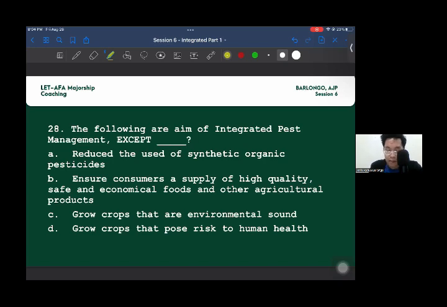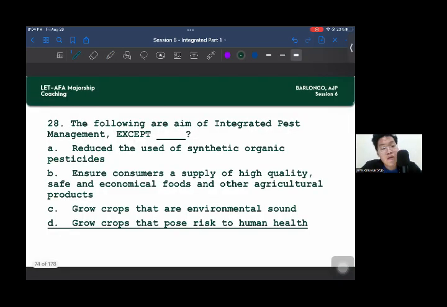Synthetic pesticides ang dapat yun. Next is ensure consumers a supply of high quality, safe, and economical foods and other agricultural products. So that is also an aim. So C, grow crops that are environmentally sound. That is also an aim of integrated pest management. Yung D, pose risk to human health. So that will not be an aim of integrated pest management.